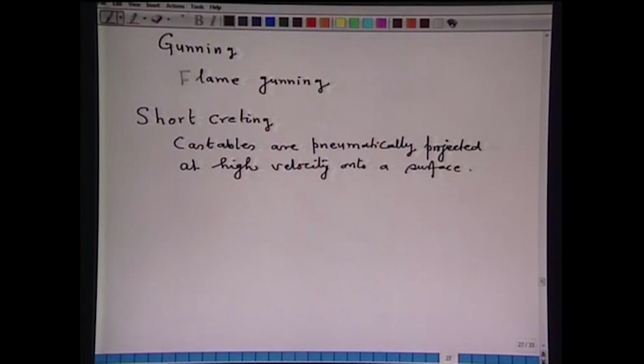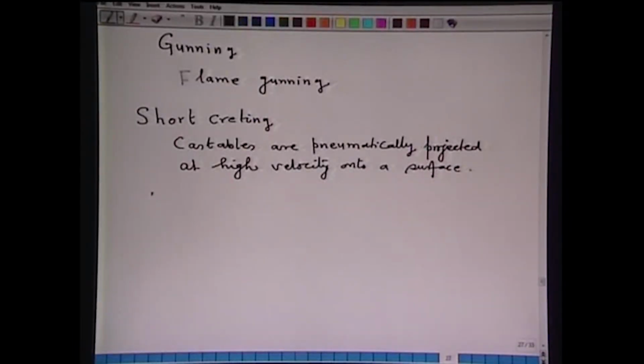That means, here the melting and gunning both are simultaneously achieved. So, the advantages will be of course much better. Now, here refractory materials are designed for self flow, that is important.